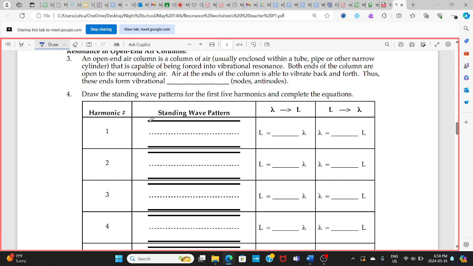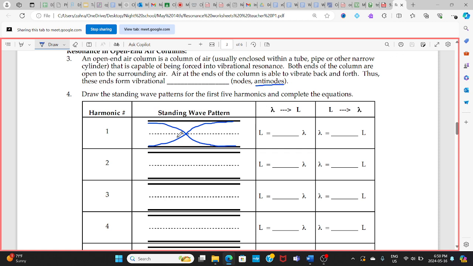Therefore, it's forming antinodes there. Now, if I want to draw the first harmonic, this should be maximum, minimum here. So I need to form a node here, and this is the shape of the first harmonic.